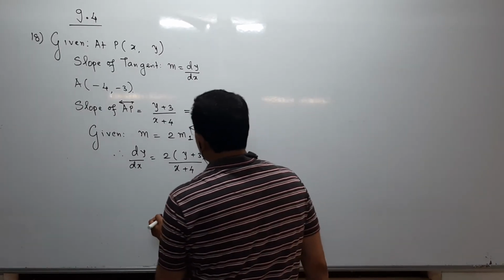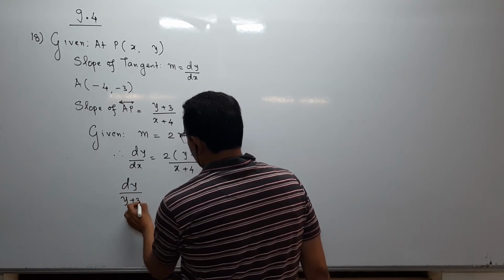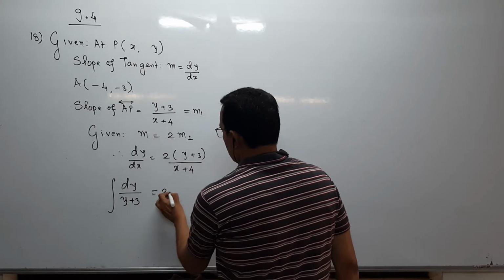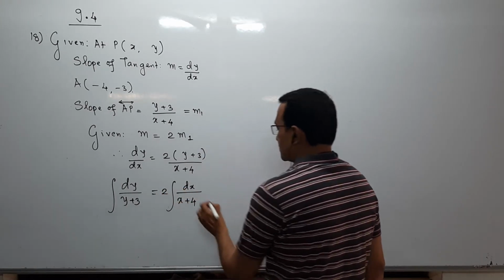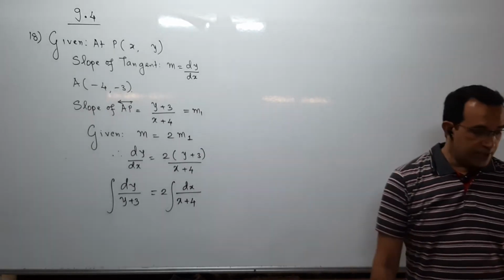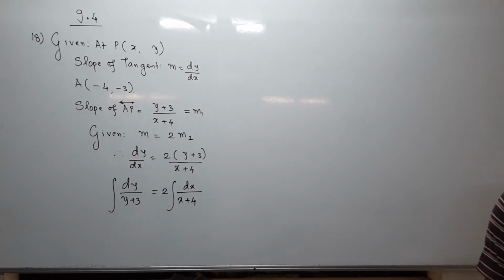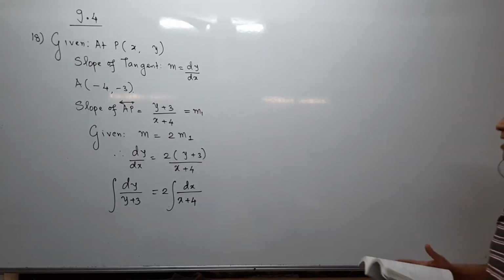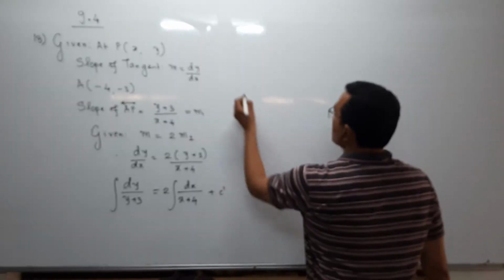Now convert these into variable separable form. So we will get dy upon y plus 3 is equal to twice integration dx upon x plus 4. In variable separable form, we group y terms with dy and we group x terms with dx. So here I should write a constant, say c dash.